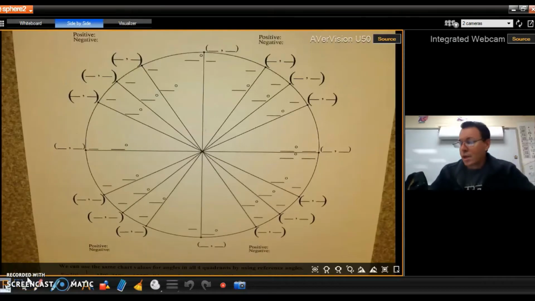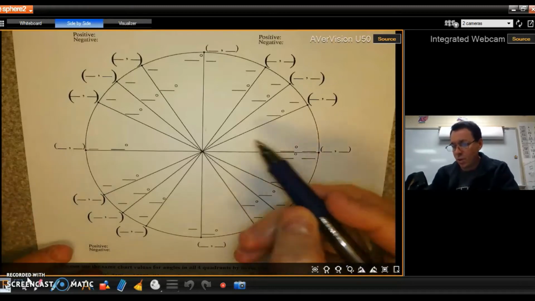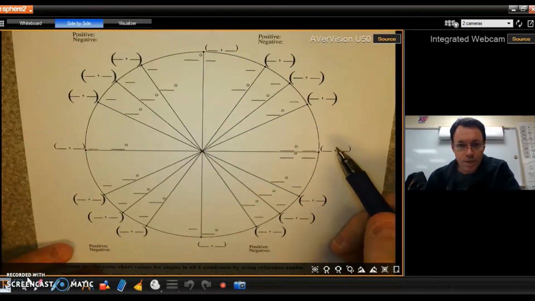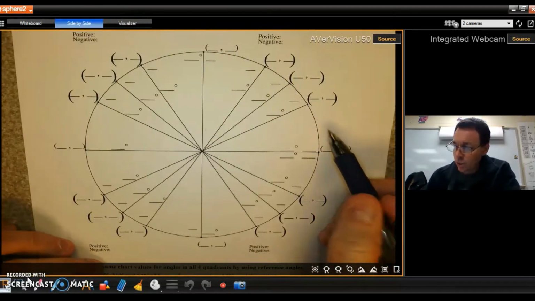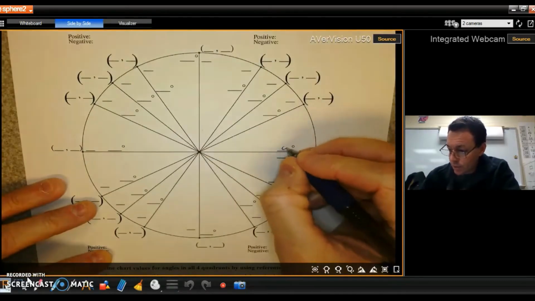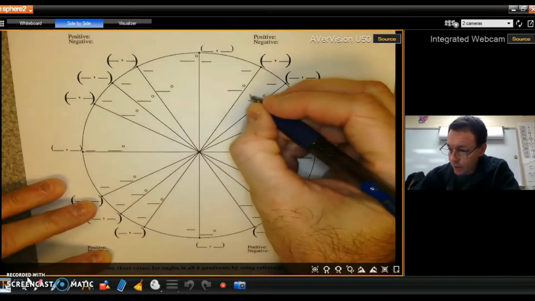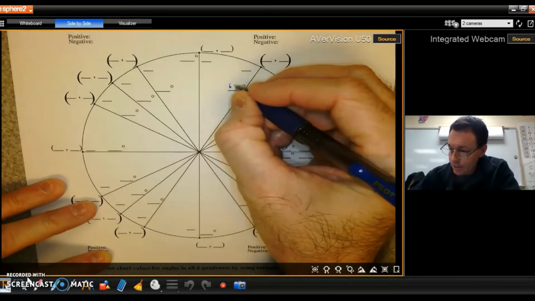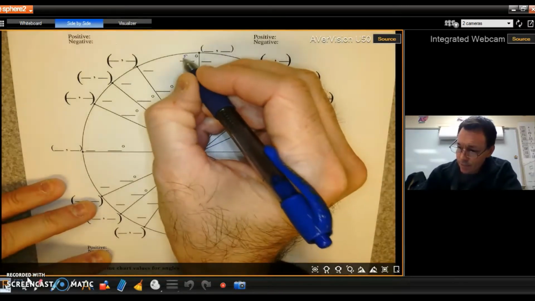All right, so today we're going to continue our look at the unit circle. Yesterday we zoomed in on quadrant 1 and filled in all this information. The degrees: 0, 30, 45, 60, and 90.